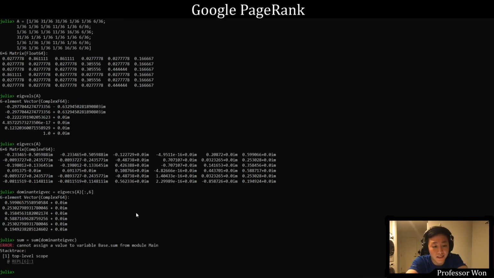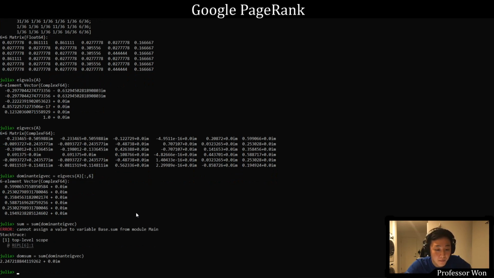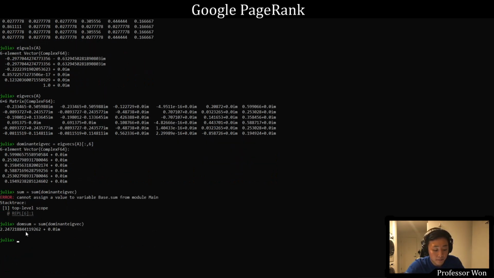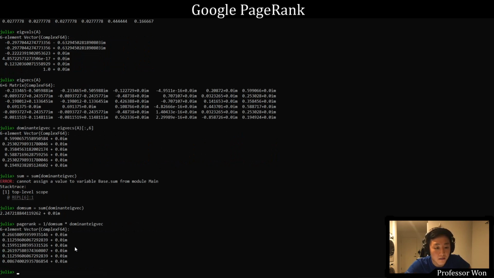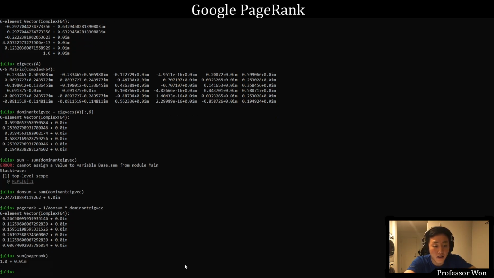So dom sum equals sum of dominant eigenvec. I can't use the variable name sum. So it's this real number. And now let's call our PageRank vector the scaled dominant eigenvector so that its entries sum to 1. Okay, so all I've done is I've just scaled this vector so that the entries sum to 1, right? So now if I take the sum of my PageRank vector, I should get 1, right?